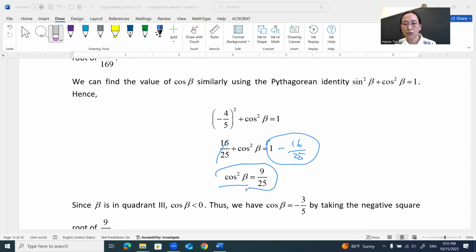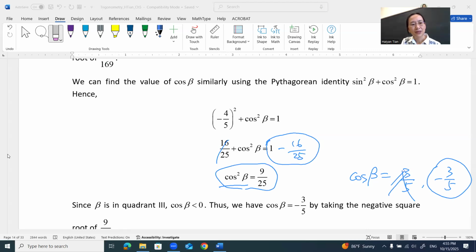Take the square root, and you get cosine beta, which is 3 over 5 or negative 3 over 5. Which one? Remember, beta is in quadrant 3. In quadrant 3, cosine is negative. So we discard the positive value, and it is negative 3/5.